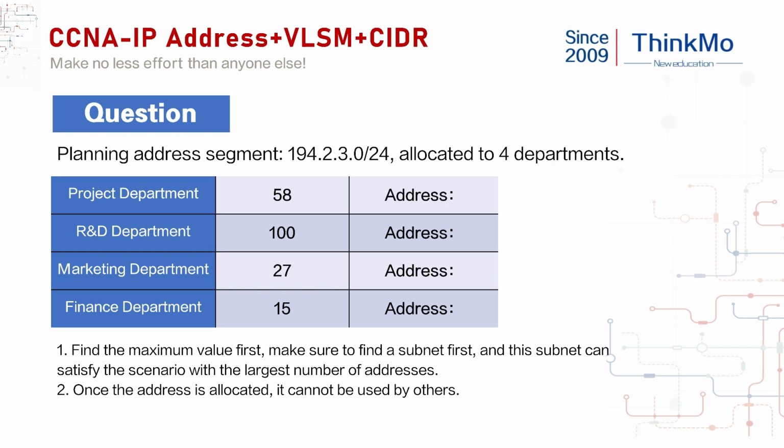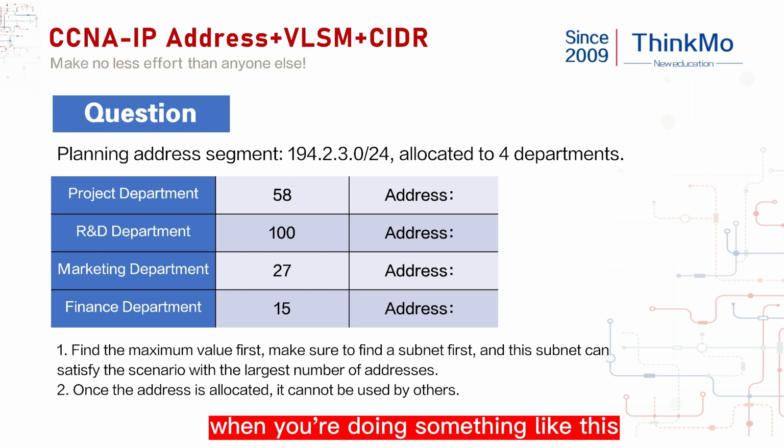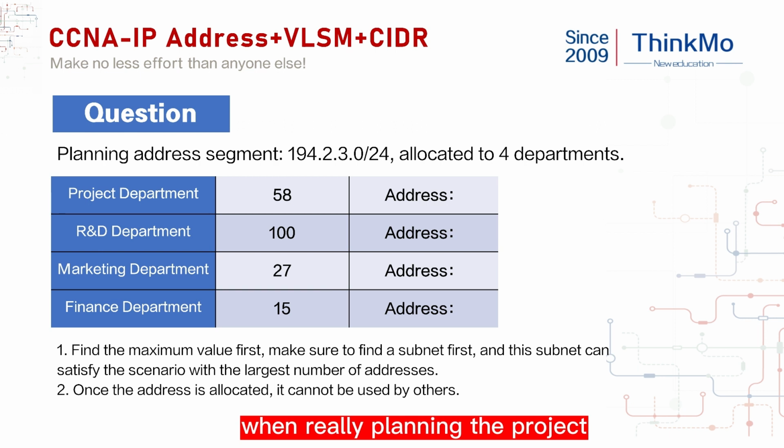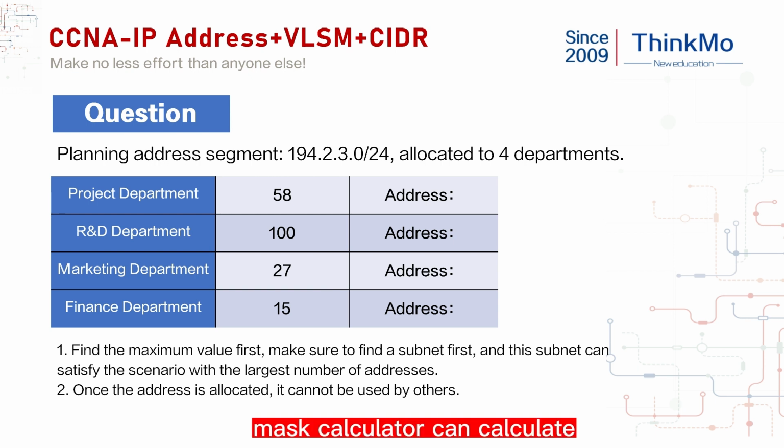First, I'll teach you what to do when you're doing something like this. In fact, in the future when really planning a project, by default some subnet masks are used, and a mask calculator can calculate. But let's follow the normal way of planning.